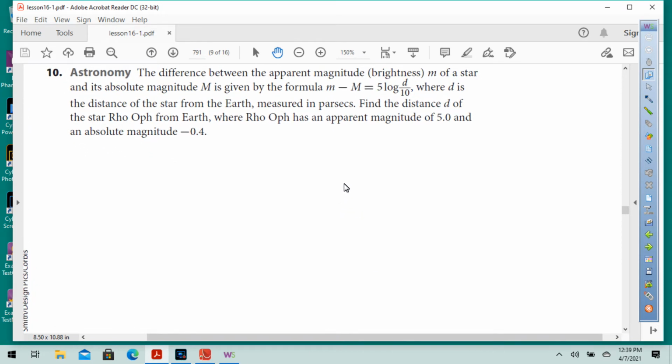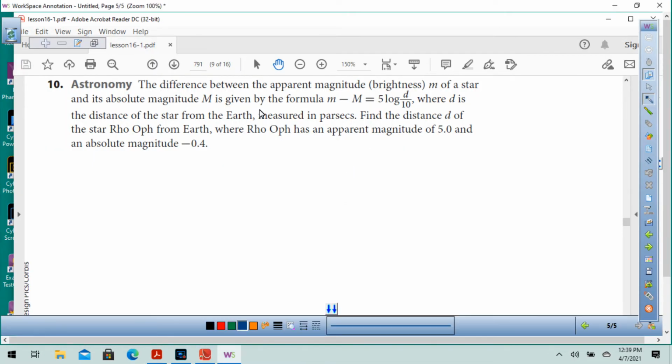The difference between the apparent magnitude or brightness m of a star and its absolute magnitude M is given by the formula m minus M equals 5 times log D divided by 10, where D is the distance of the star from Earth measured in parsecs.